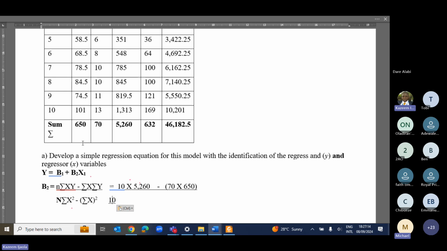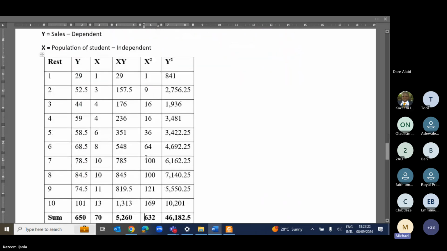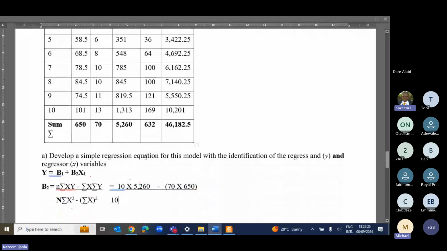Summation x square: we've gotten our x square already, and the total of this is summation x square, that's 632. Minus summation x, in brackets. Let me explain something: these two things are not the same. Summation x square means the x square values you've gotten, the total of it.